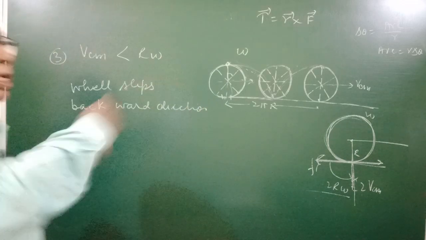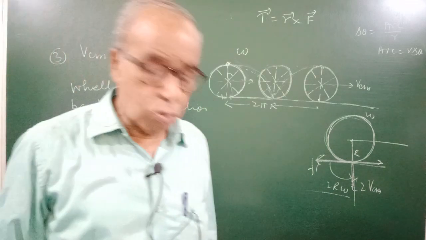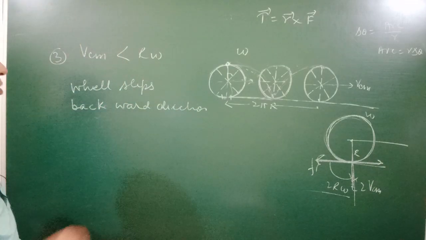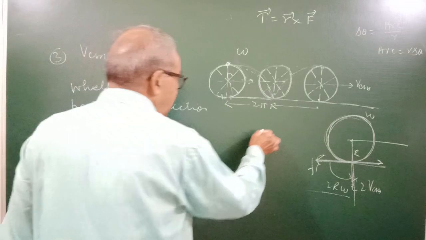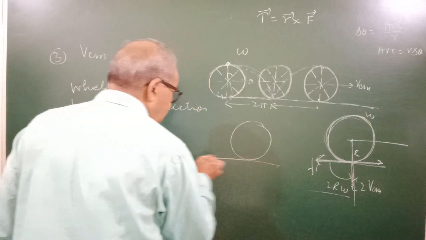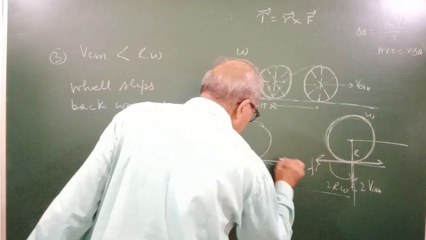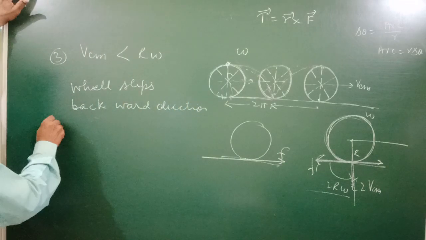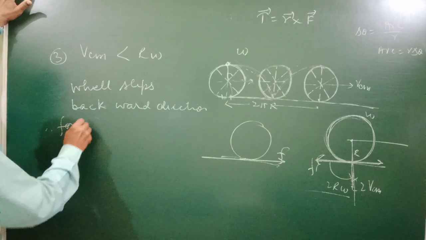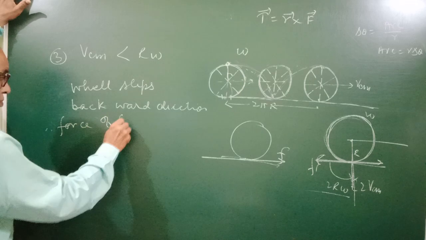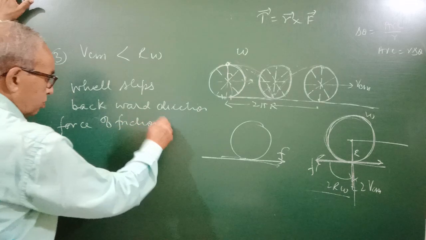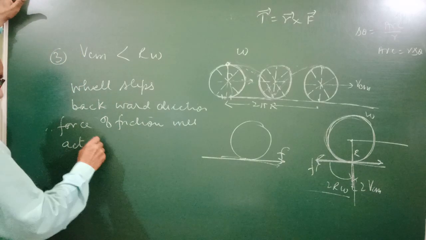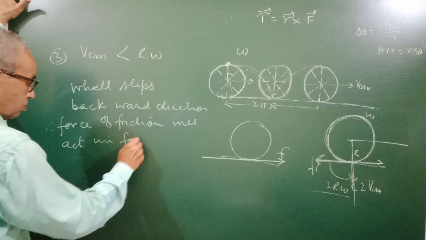Brother, omega must be bigger for VCM to be less than R omega. So the wheel will slip in the backward direction. Slipping this way, the force of friction acts forward. Hence, force of friction will act in the forward direction.